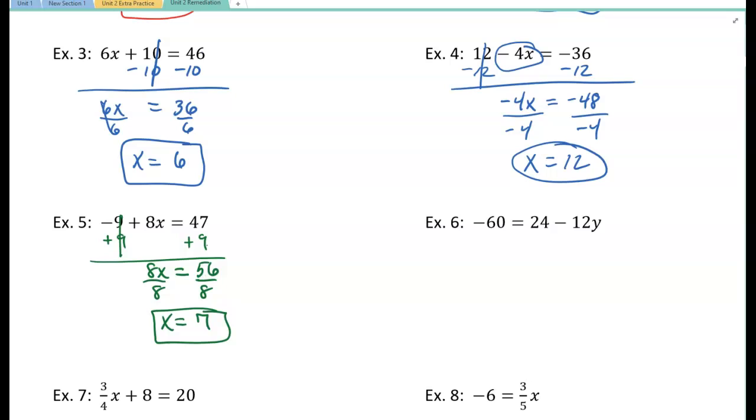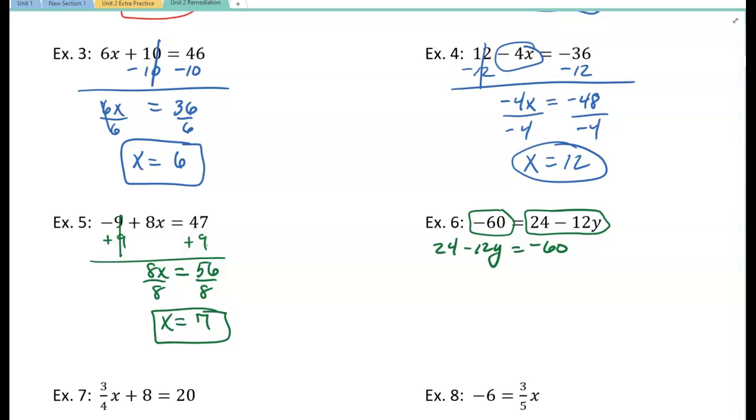Example 6, right? So the first thing I look, I prefer students to take this and rewrite it. So if you rewrite this as 24 minus 12y, so I basically duplicated that, equals, now I'm going to duplicate this on the right side. Most students have an easier time solving it like this.